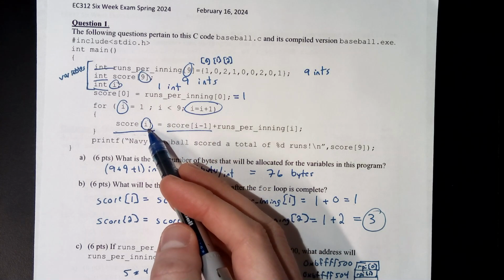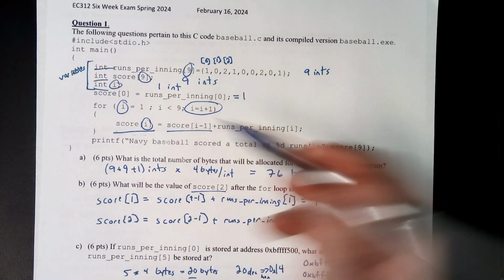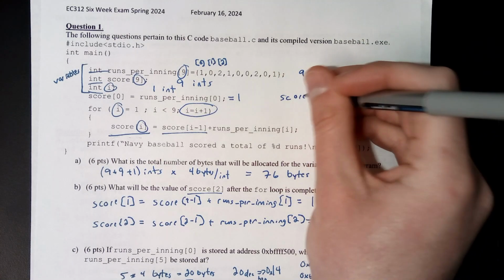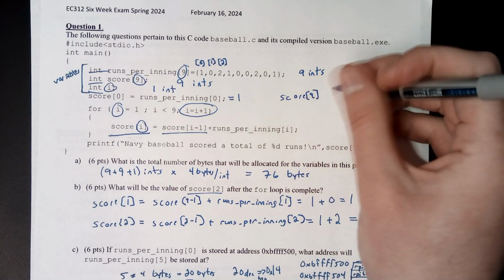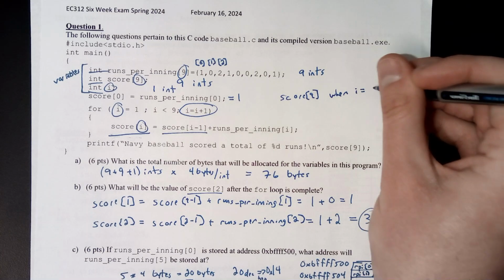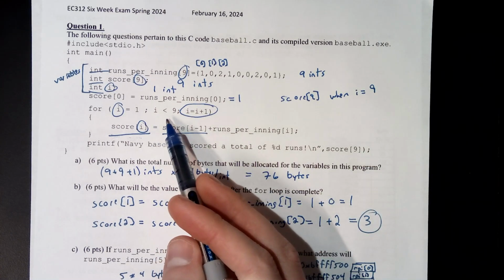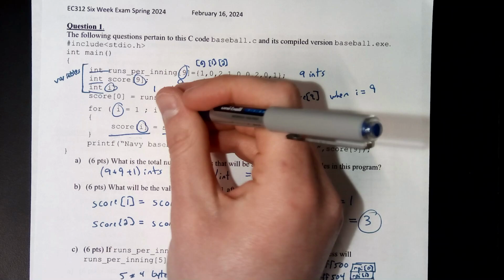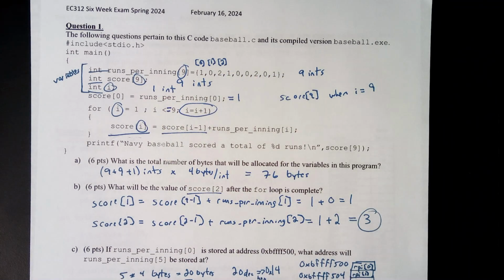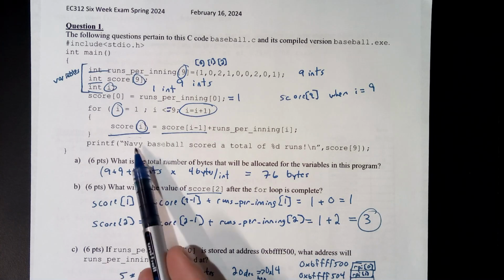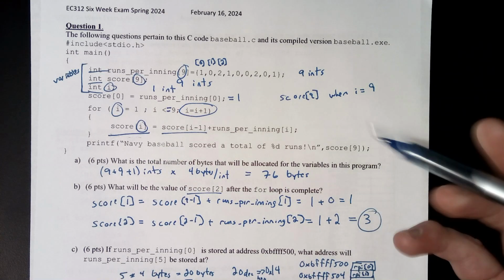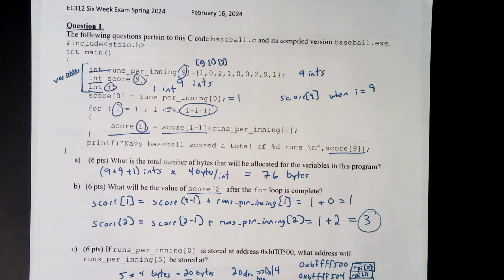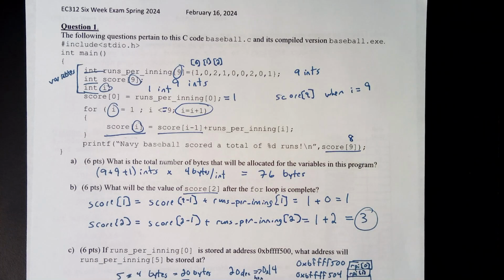So the last thing that's going to be updated, score at 9, would get updated when I is equal to 9. And I is never going to be equal to 9 within this loop because it's less than 9, which is not correct, right? We would need to have this be I is less than or equal to 9 for this to work the way that we want it to. So score 9 is never going to be updated, and that's what's output here is score 9. So we would really need that to say probably score 8 instead to fix the bug.